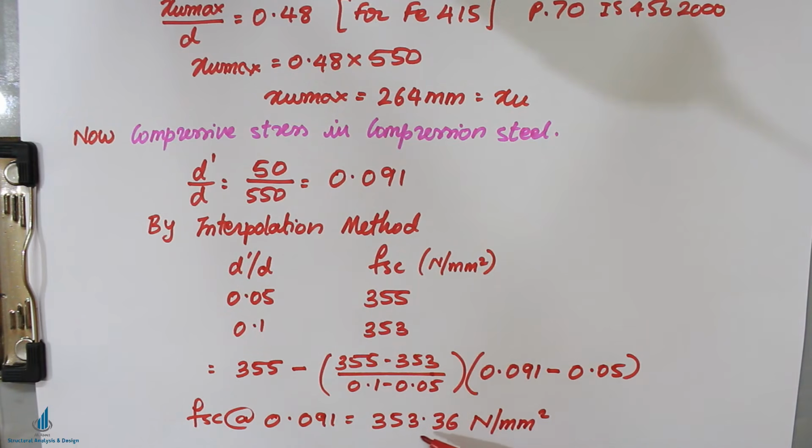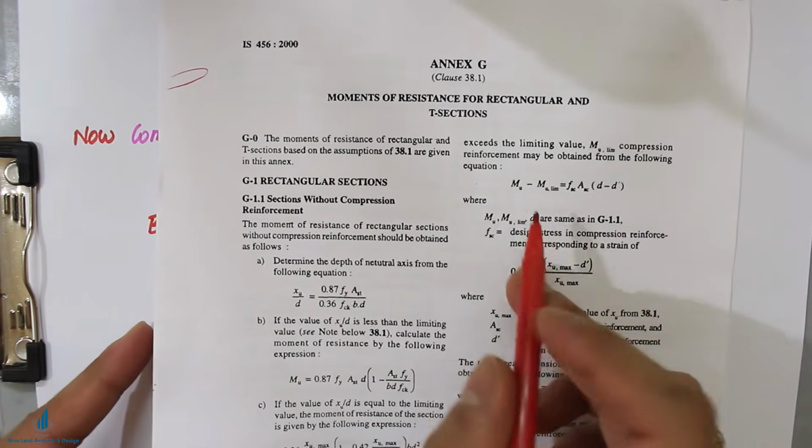Your value is 353.36 and the value at 0.1 was 353. So it lies very close to this 353 value and it is in the range 355 to 353. So you can conclude that your fsc value whatever you have calculated is correct.